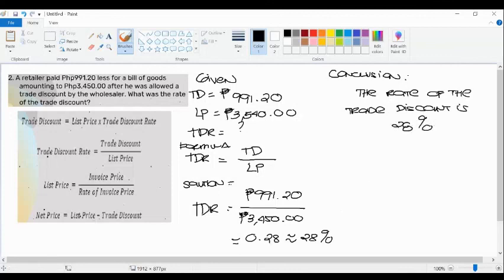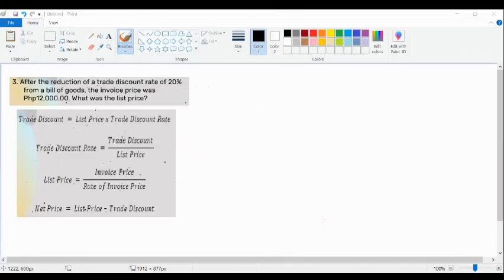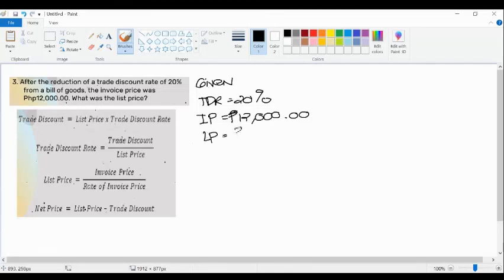So let's proceed to the last example. After the reduction of a trade discount rate of 20% from a bill of goods, the invoice price was 12,000 pesos. What was the list price? So based on this given, we have the trade discount rate of 20%. And we have the invoice price of 12,000 pesos. Now, we're looking for the list price.